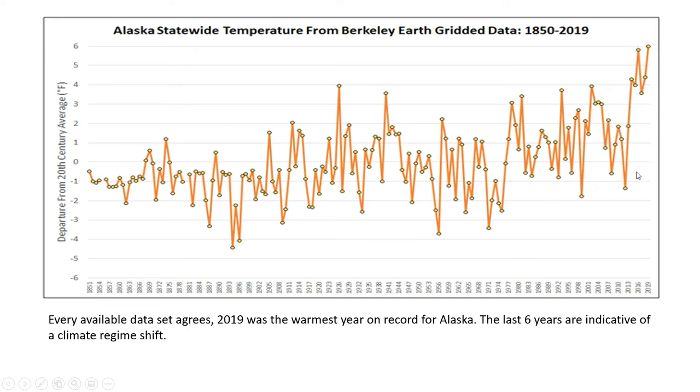It just goes from bang, and now, see these little oscillations here? Well, now we're oscillating at a higher value. And on the vertical scale is the departure from the 20th century average. So 0 means there's no departure. So if you look at, for example, 1875, there was no departure. The average temperature agreed with the average.